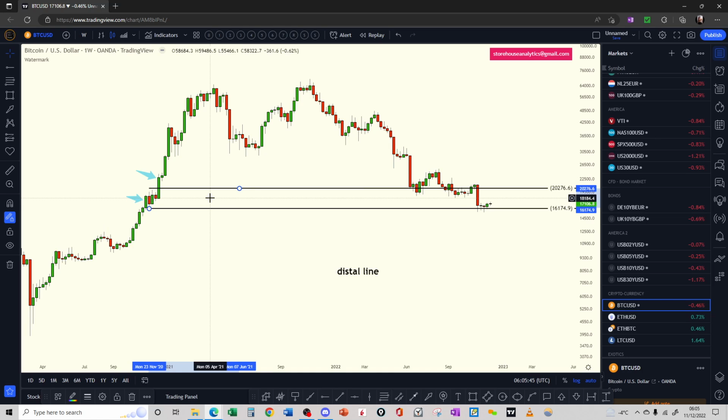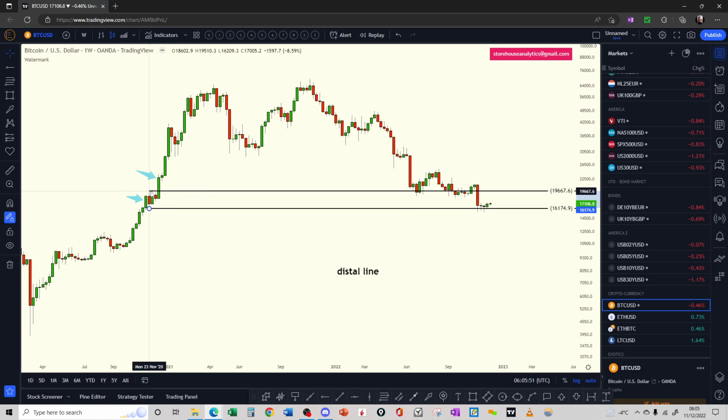There are a few ways to do it. The first would be just put it at the highest high in the base. Really straightforward, no drama. I put the distal line at the lowest price in the base. I put the proximal line at the highest high in the base.